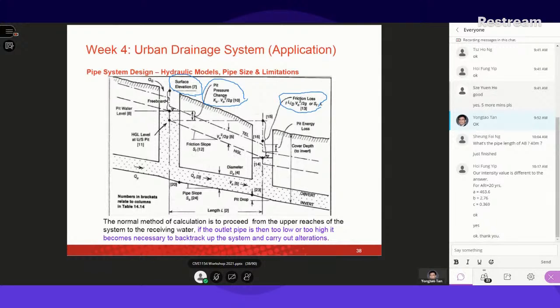Next is the pit energy loss. As I mentioned, pit energy loss is because of turbulence at the pit.